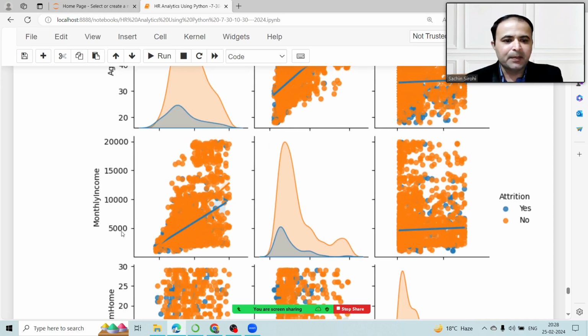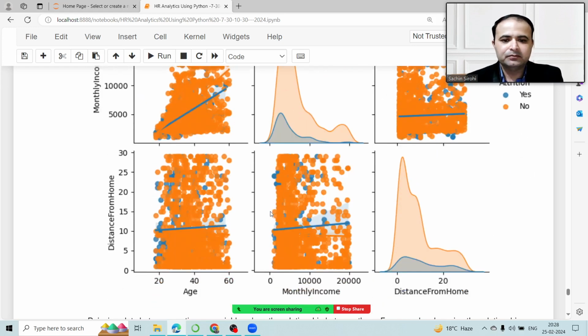Attrition depends on the monthly income a little bit. If your monthly income is less, the attrition is high obviously. If the salary is less, the attrition is high; if the salary is high, the attrition is not high. Now distance from home, if the distance from home is like 0 to 20, the attrition is high.